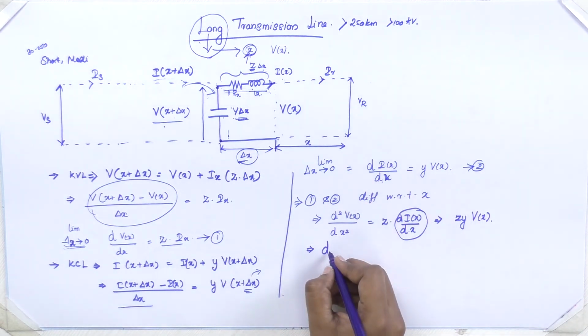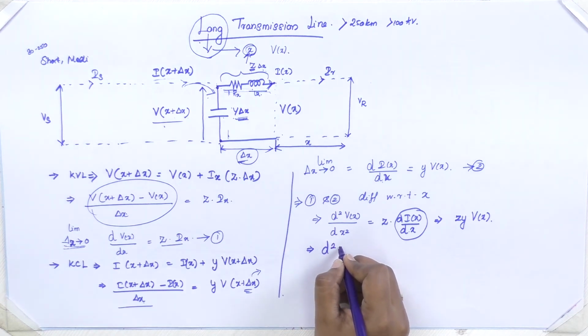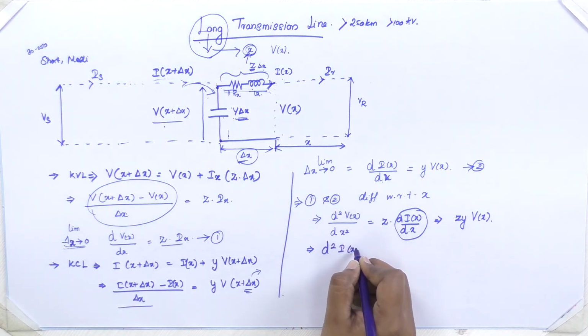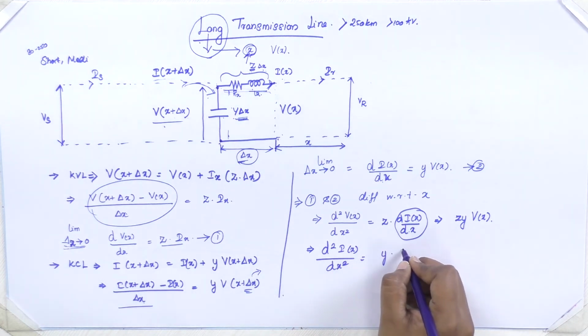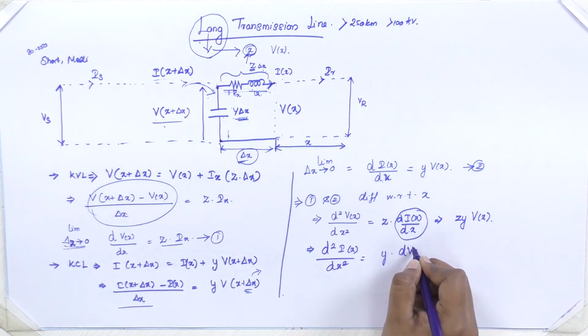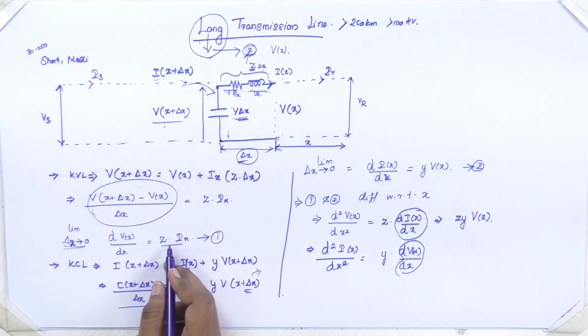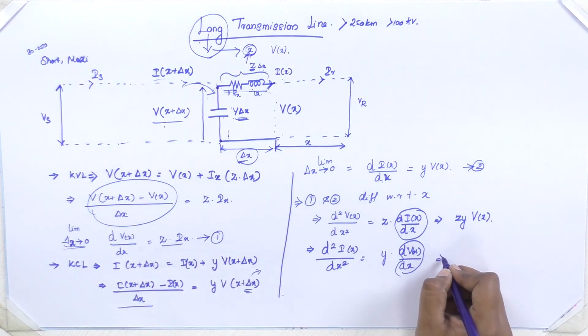Similarly, I am differentiating this equation, d square I of x divided by dx square is equal to y into d of V of x divided by dx. So what is this term? It is equal to z into I of x.